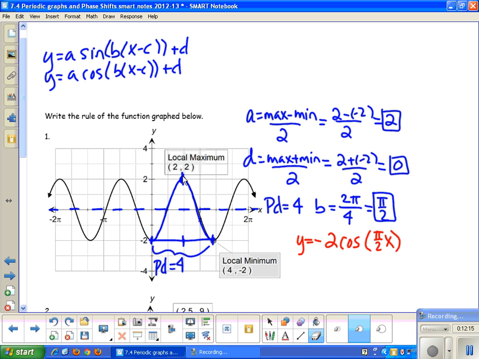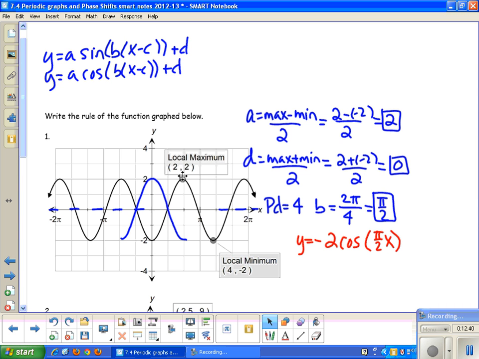Well, let's say that instead of doing a reflection for my graph, I want to do a cosine graph that would be positive in front. If that's the case, then remember that our cosine graph normally starts over here, and this would be a cosine graph with an amplitude of 2 that I just moved.